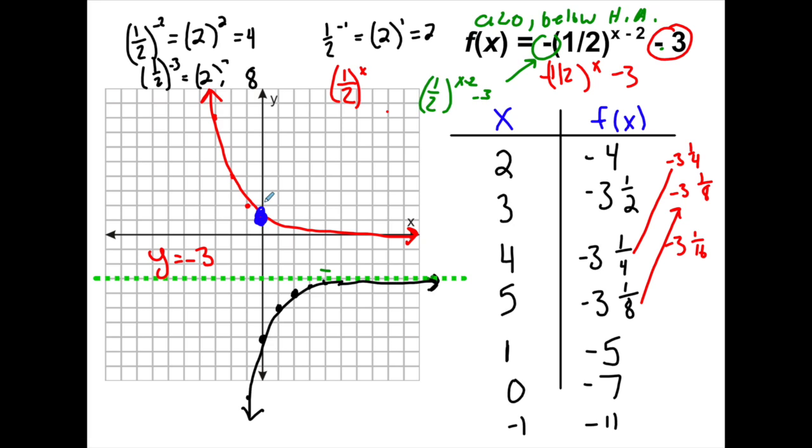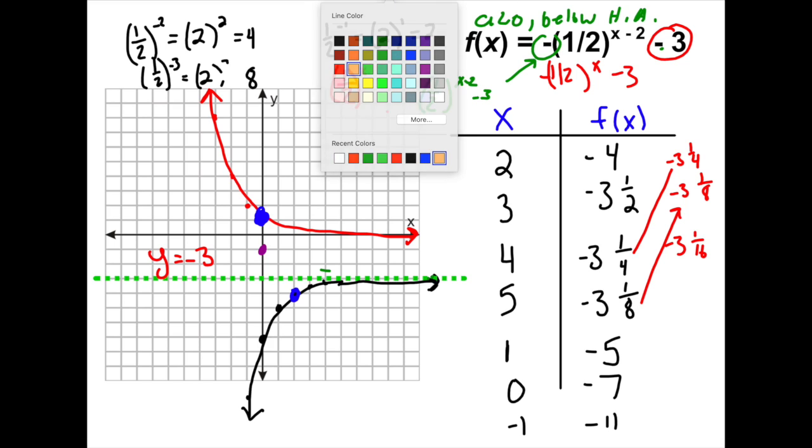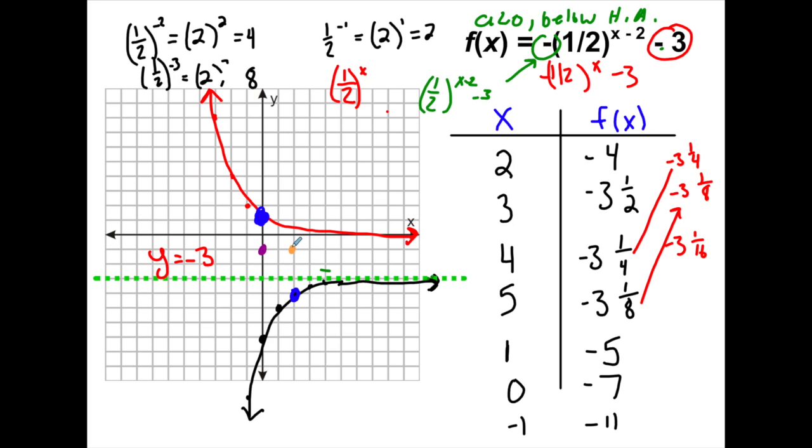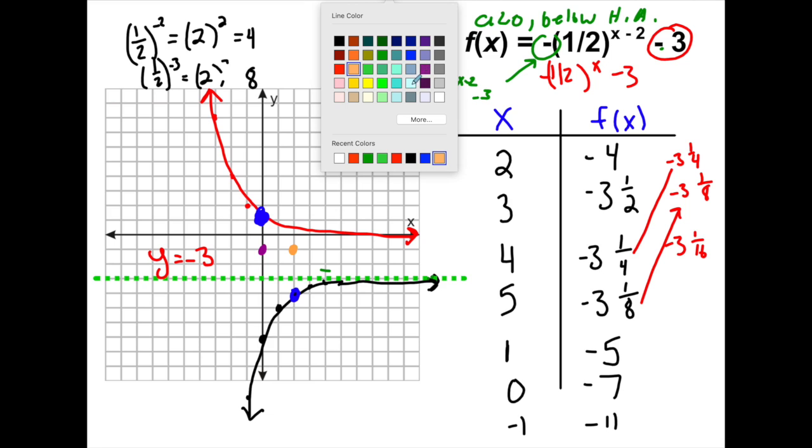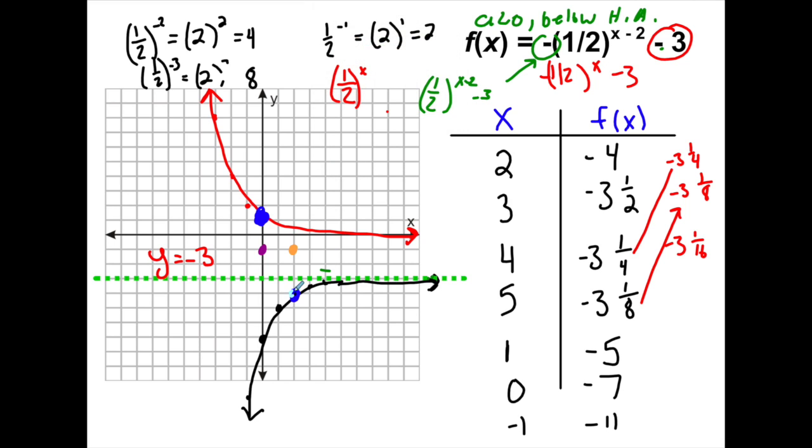So the corresponding point, what makes this 0, is this point right here. If we first reflect over the x-axis, I'm going to get an orange color here. Then move over 2 to the right. And then move down by 3. We'll be right on top of the corresponding point.